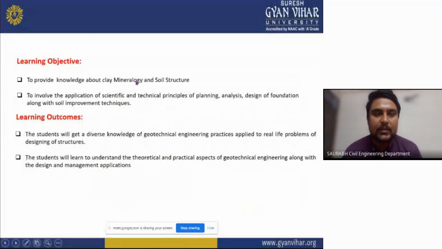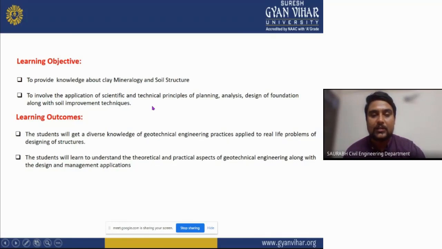Now we will see the learning objective and learning outcome of today's lecture. Today you will know about clay mineralogy, you will understand what soil structure is, and you will also understand the applications of clay mineralogy and soil structure and how they are involved in the planning, analysis and design of foundations and soil improvement techniques.